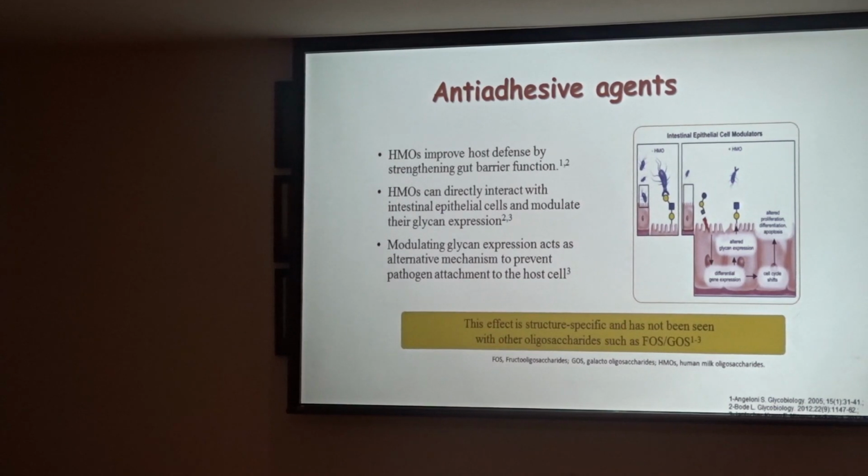In this slide, we can see how the HMOs improve the host defense. They directly interact with the intestinal epithelial cells and modulate their glycan expression. If there are any microorganisms, they need receptors to enter the mucosal cells. If the glycan expression changes, there will be no receptor, so they will not invade the mucosa in the intestine.